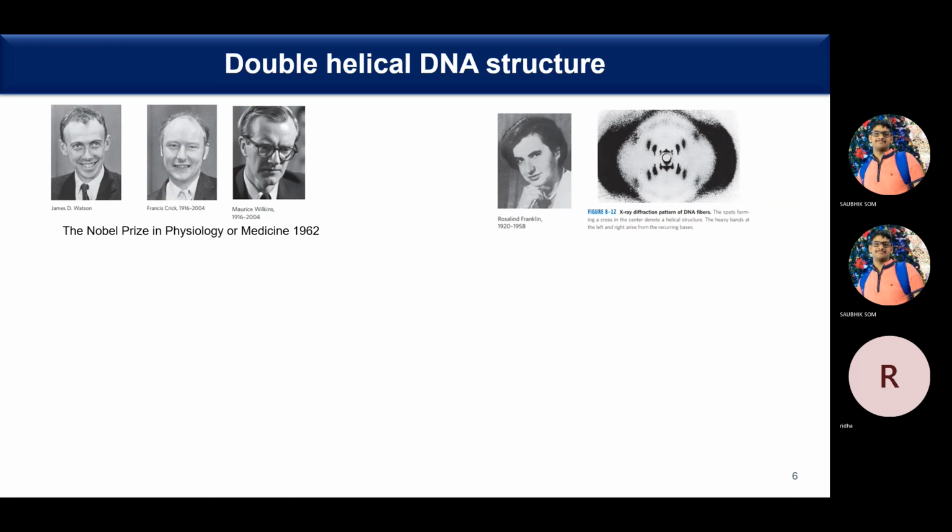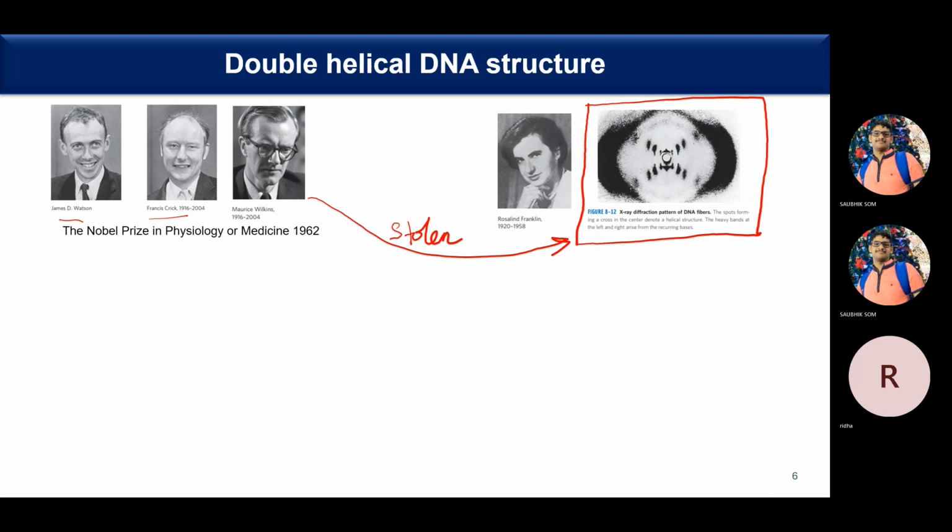And as the lore goes, while she was unwell, Maurice Wilkins actually took this DNA crystallography data from Rosalind Franklin and showed it to James Watson and Francis Crick.